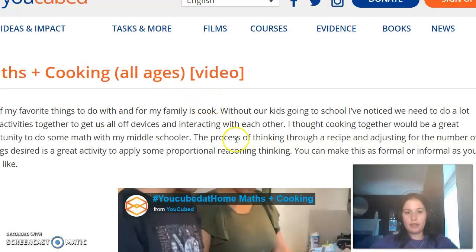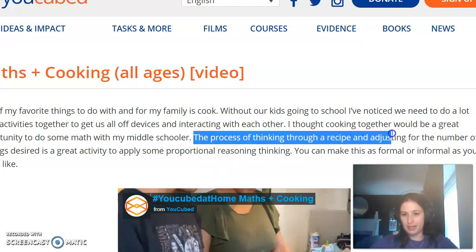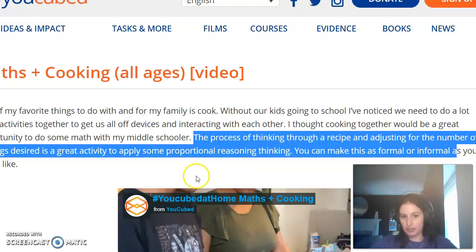The whole idea behind this cooking activity is that it's the process of thinking through a recipe and adjusting the number of servings desired. So it's proportional reasoning thinking. Let's say you need 3/4 of a cup of sugar, and you are dividing the recipe in half.